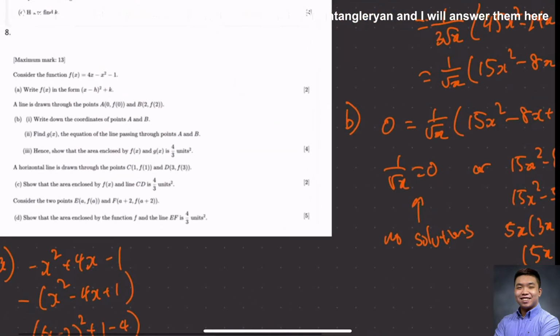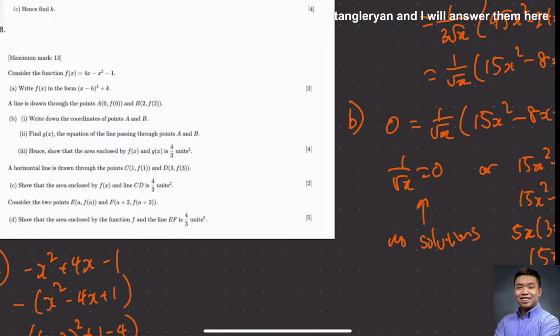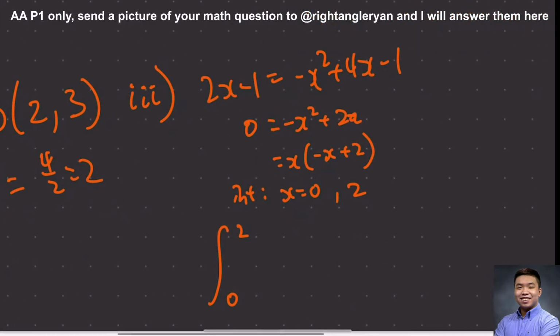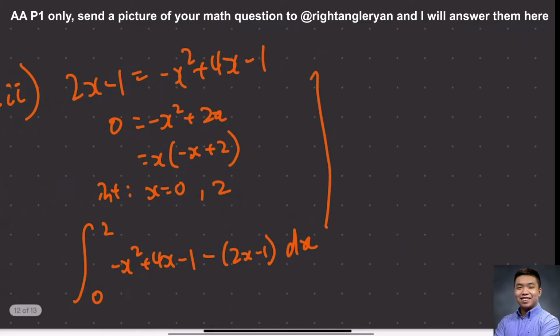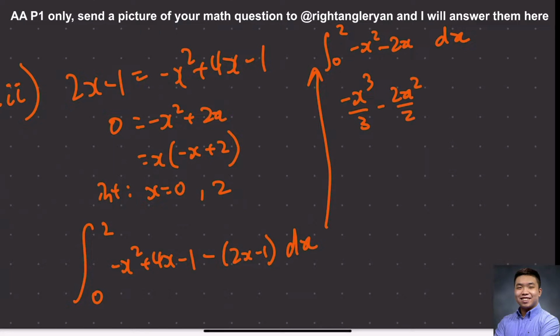So I want the area enclosed by f and g, so I need to do f minus g. So that's going to be negative x squared plus 4x minus 1, subtract the 2x minus 1, and then dx. Simplifying this, we would have the integral from 0 to 2 of negative x squared minus 2x dx. Therefore, this will be negative x cubed over 3 minus 2x squared over 2, from 0 to 2.